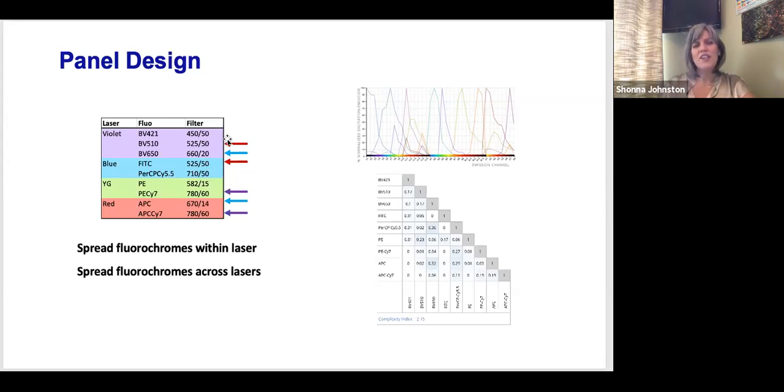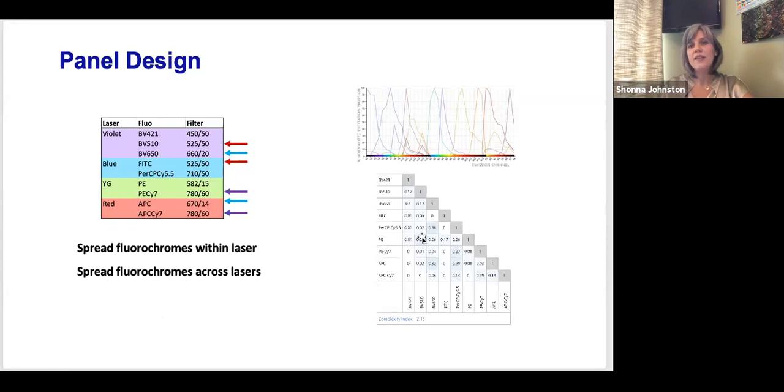So on something like this, you might not think this is a great panel. I mean, it will work, but it's going to need a certain amount of compensation. Obviously, the more you fill up your detectors, the more you're going to end up with higher amounts of compensation. I don't think it can be avoided that much.